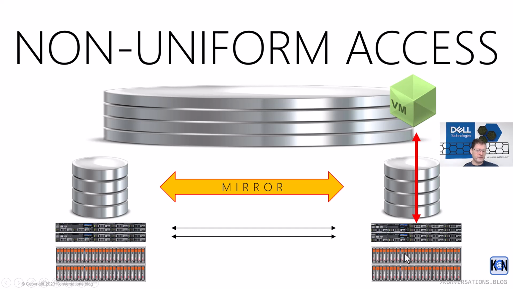Then if there's a failure somewhere on that level, the upper layer, the virtual machine layer in this example, will be smart enough to fail over the workload to the remaining data center. But we'll see that as we go along in the lab and do more failure scenarios there.